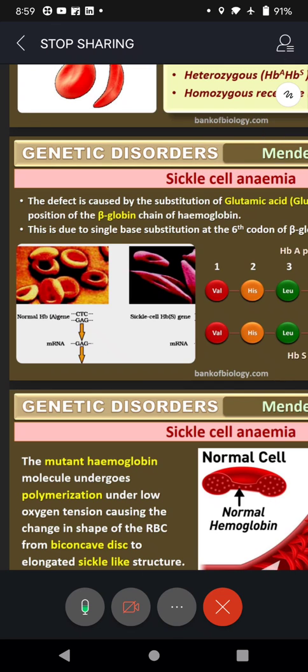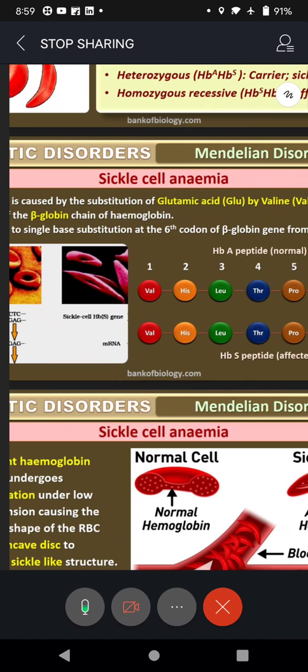Soon after my class, just Google it. What is the structure of hemoglobin? There is a beta globin chain if you see the structure of hemoglobin. In that beta chain, you have to observe the 6th position. In the 6th position, there is glutamic acid, abbreviated as GLU, replaced by another amino acid called valine.